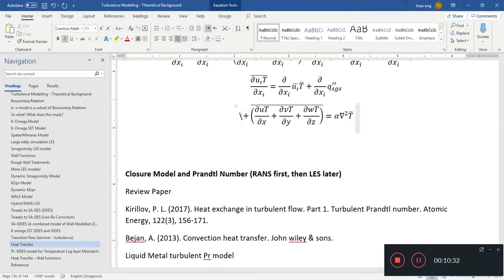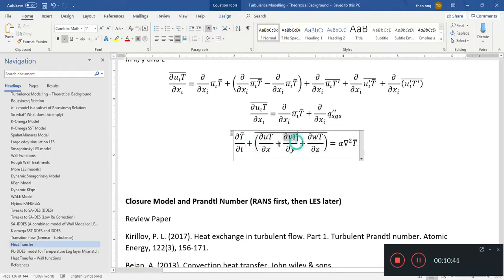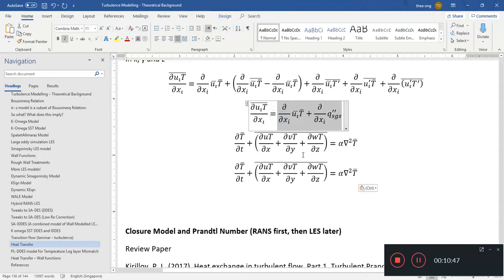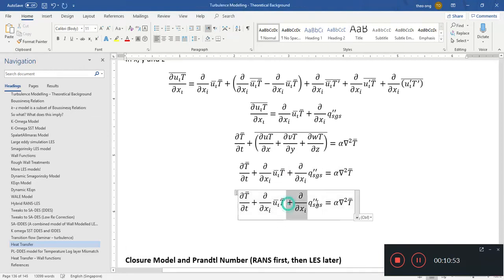There's a time derivative term here. So this actually represents this term here. I'm just going to copy and paste this term here, and put this over to the other side.